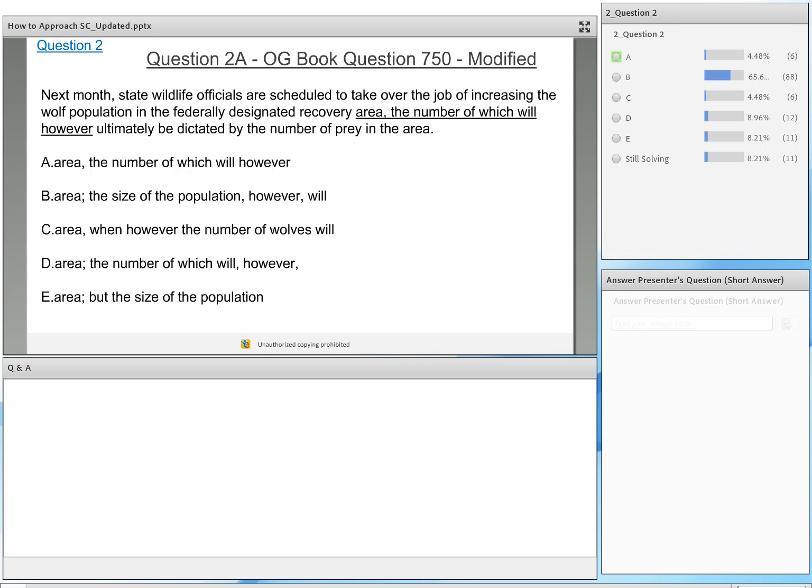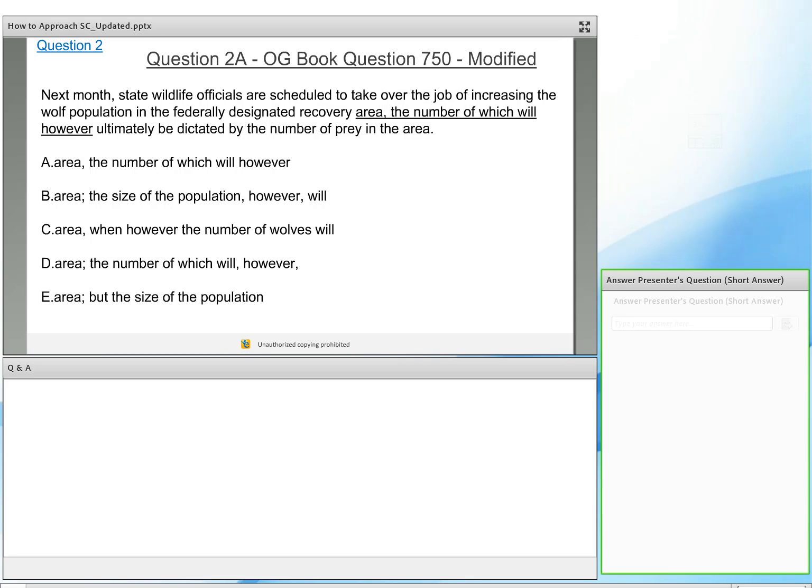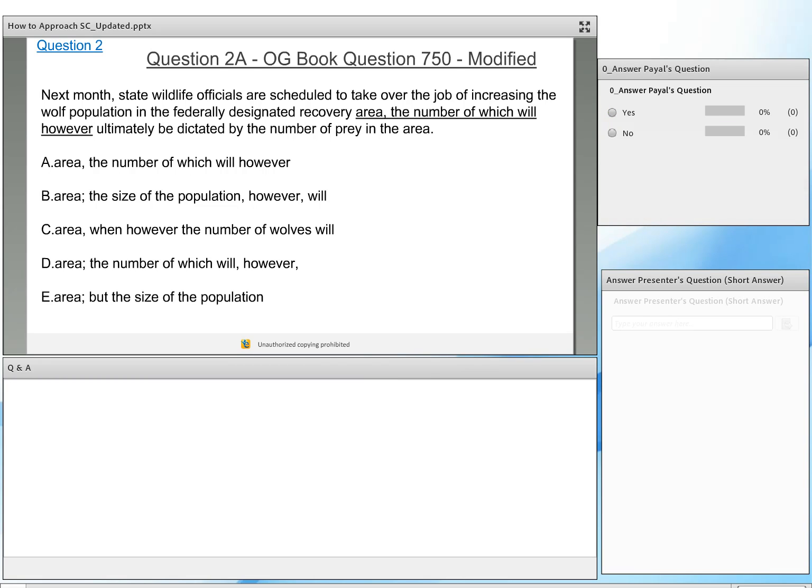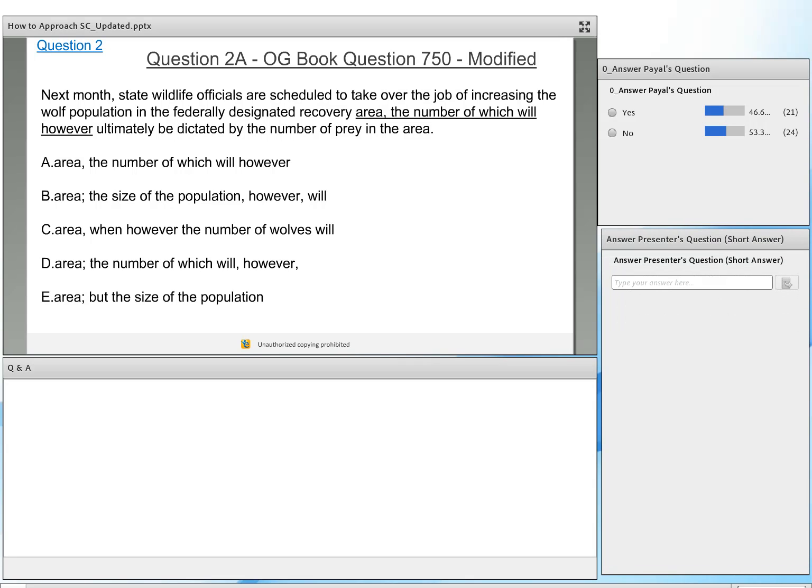So here are the responses. 65% of the class selected choice B. Now tell me, were you able to see any similarities between the first two questions? What was the similarity, for those of you who were able to see some?